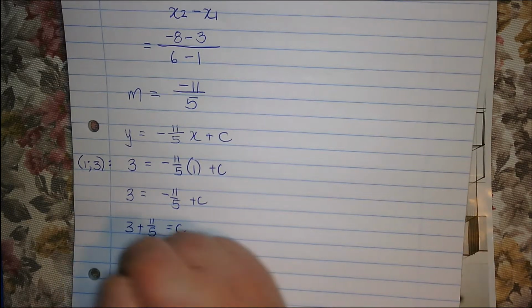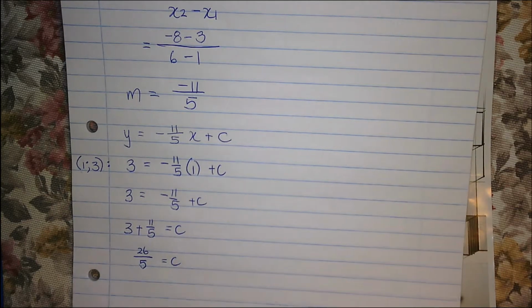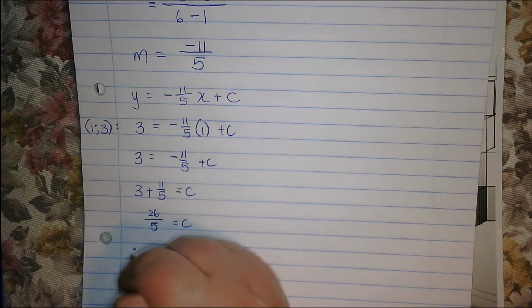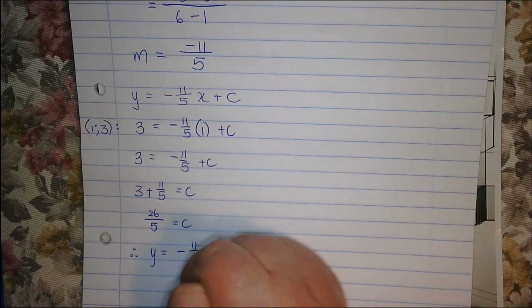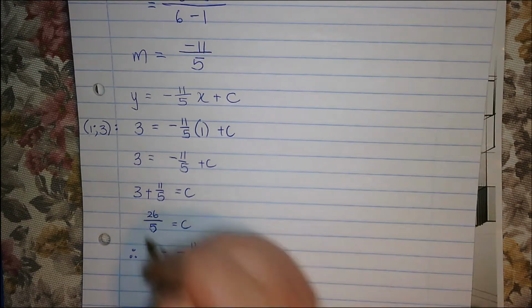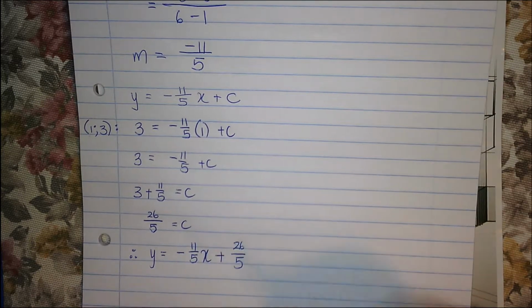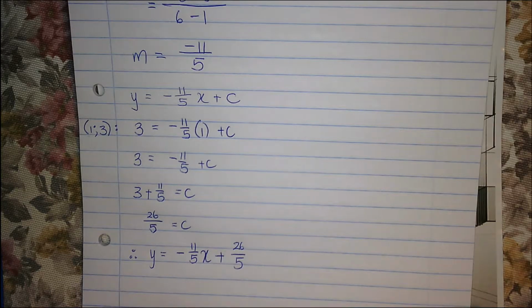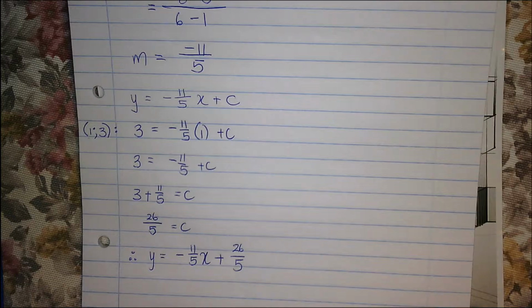So this is going to give you 26 over 5 equal to c. Now you just substitute in your m value, which is negative 11 over 5, x, and positive 26 over 5, and you're done. Your answer must be an equation, because the question said find the equation of the straight line.